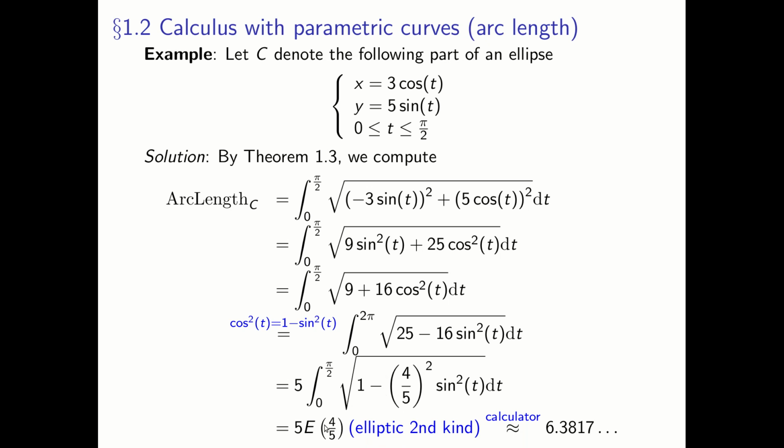And in our case, we got the elliptic integral of the second kind evaluated at 4/5 multiplied by 5 gives us the value of the arc length of our curve. And if you plug this into a calculator, you'll get 6.3817. Now you could just plug the integral into a calculator and get that number, but I evaluated it this way as well, just for funsies.